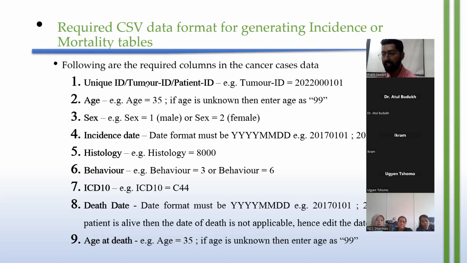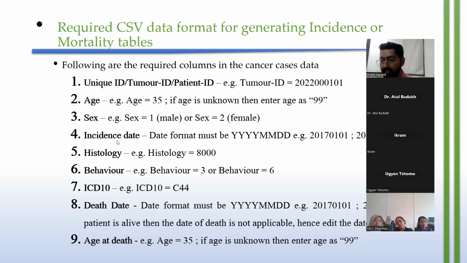First is the unique ID or tumor ID or the patient ID, which you have in the Canreg5 file data. Then we require age. If the age is unknown, then we will enter 99. Then we require sex. Code 1 stands for male, 2 stands for female. This is the standard sex code we have in Canreg5.